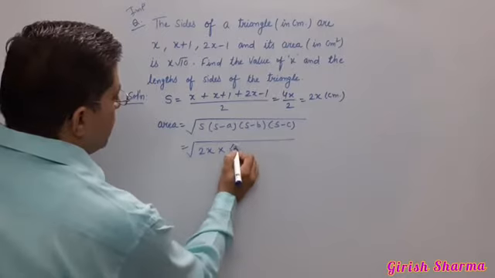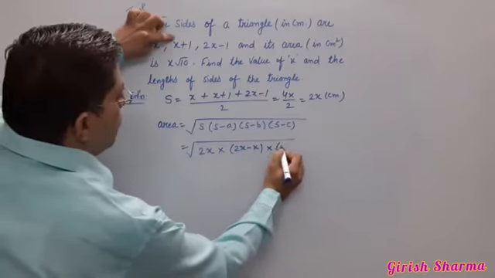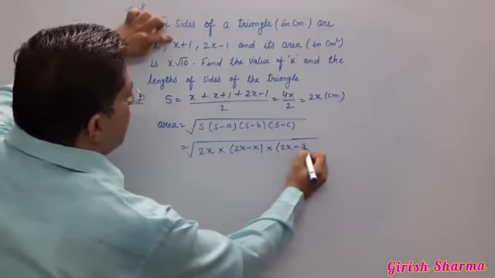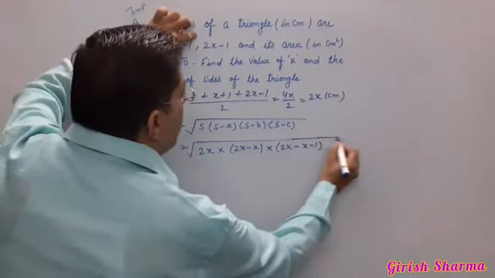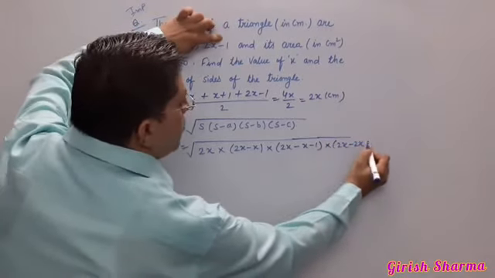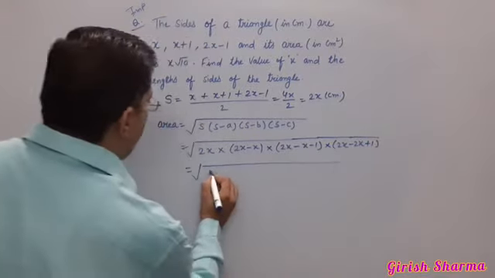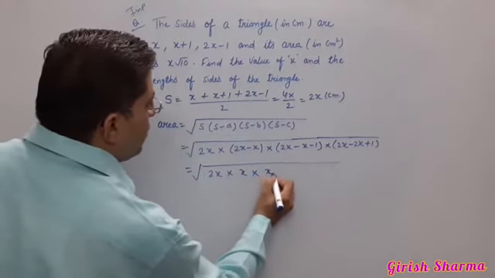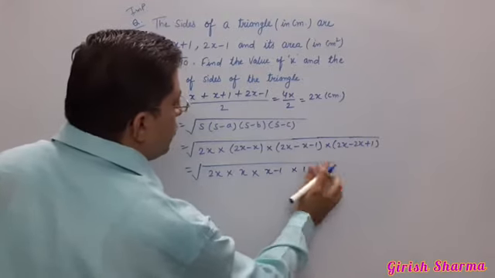It is 2x, then 2x minus x, then 2x minus x minus 1, keep in mind, and next one 2x minus 2x plus 1. Now see here, 2x minus x is x, 2x minus x is x, then here minus 1, and here this cancels, this is 1.